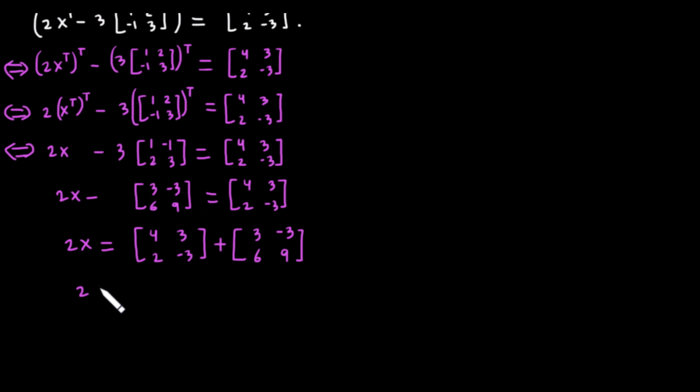So here 2X equal 4 plus 3, which is 7. 3 plus negative 3, which is 0. 2 plus 6, which is 8. Negative 3 plus 9, which is 6. Of course, here I have to write it like this. Therefore, to find this X, I have to divide by 2 on both sides, so it will be like this.